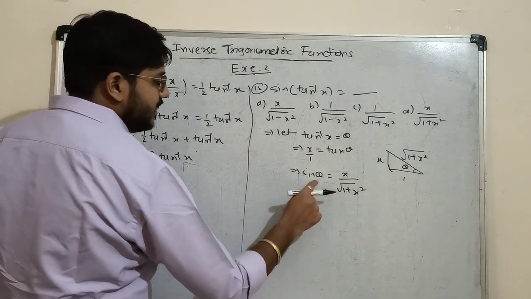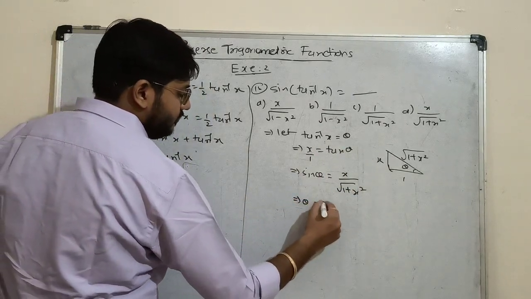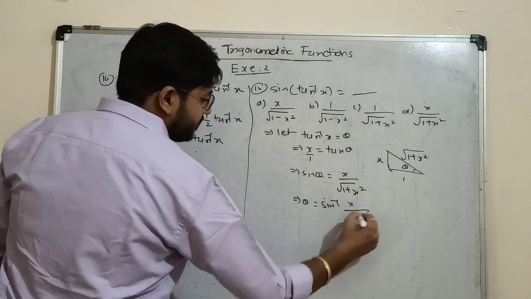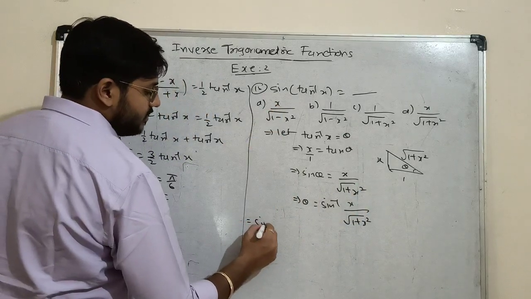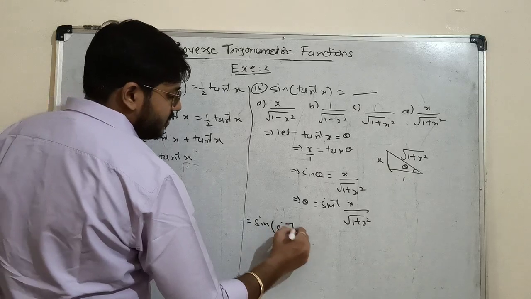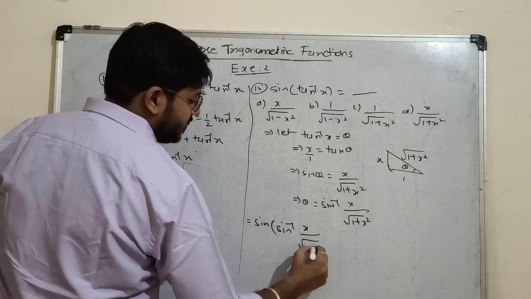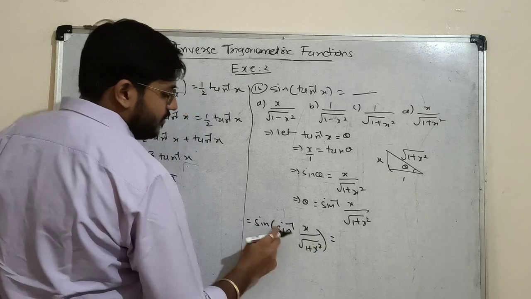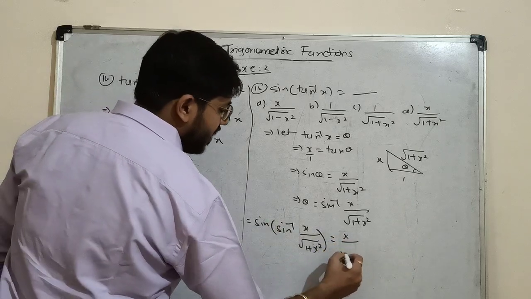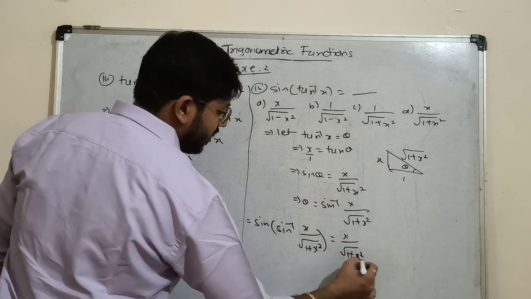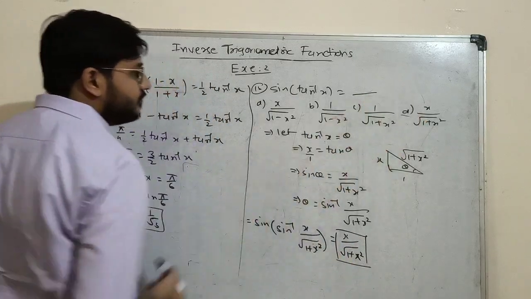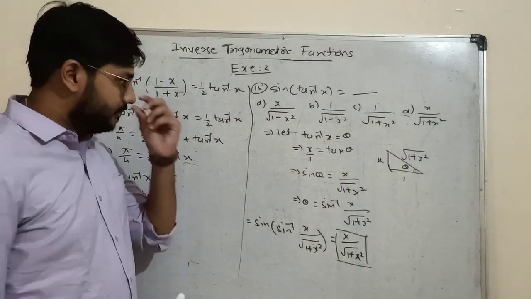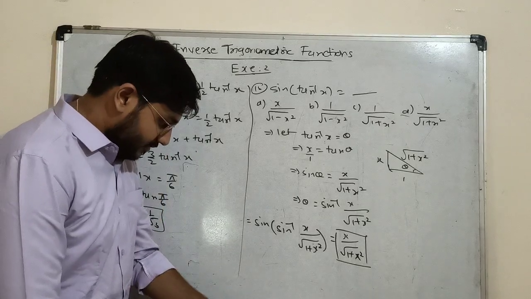So theta will be sine inverse x by root 1 plus x square. Now if I replace tan inverse with sine inverse x by root 1 plus x square, we can remove the inverse function, so we will get x by root 1 plus x square. This is your answer, which is option D. Okay, next.